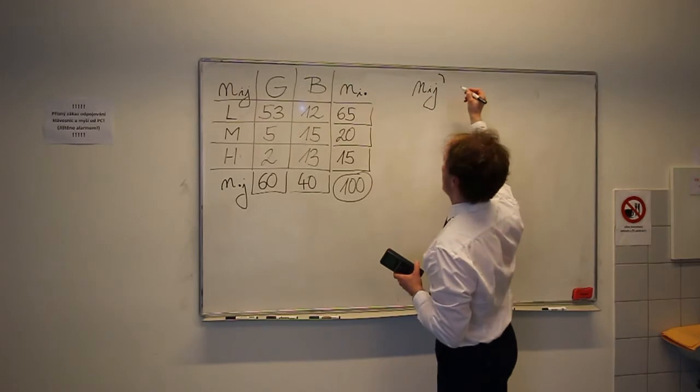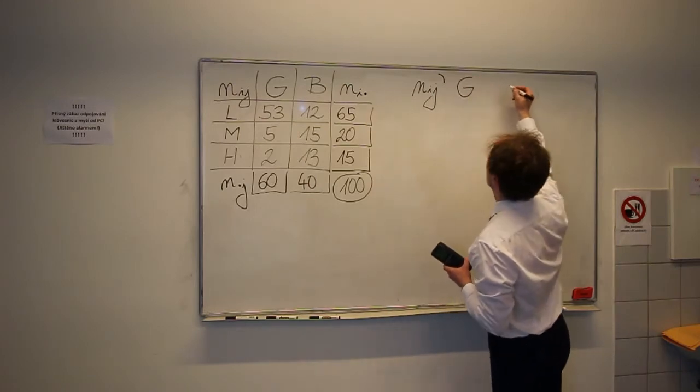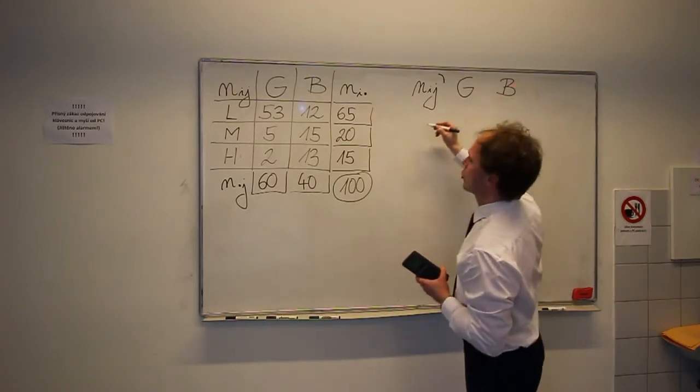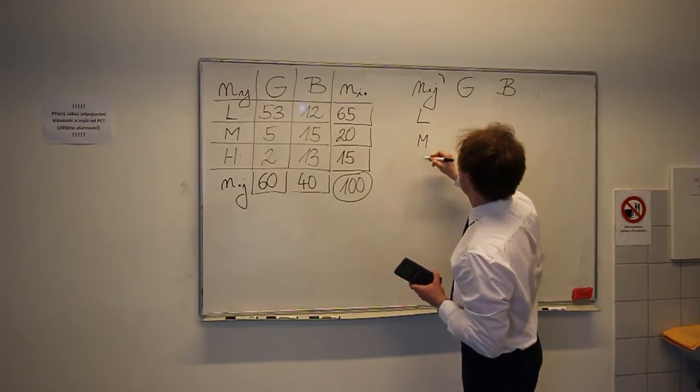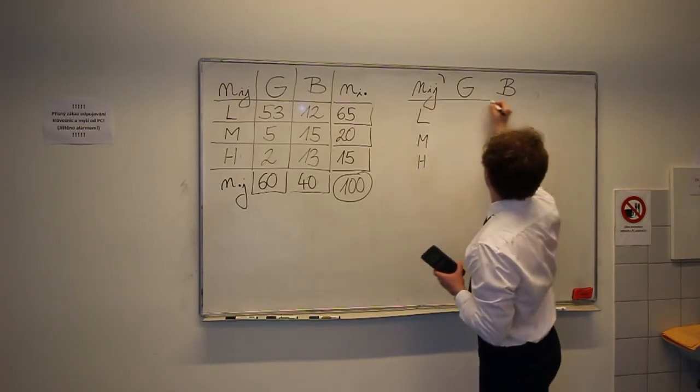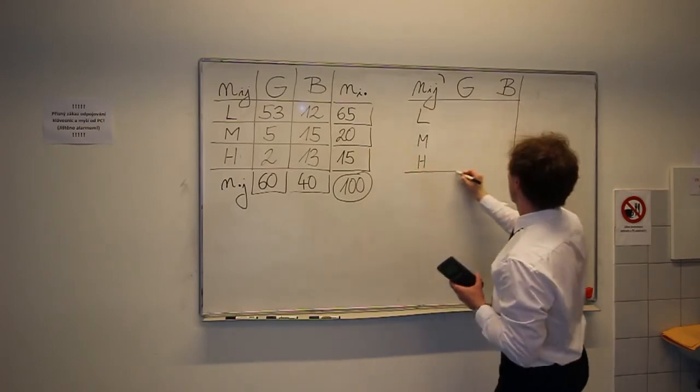The table NEJ with stripe: good reaction, bad reaction, low, middle and high alcohol level.